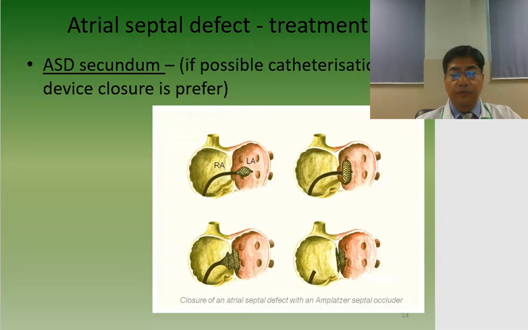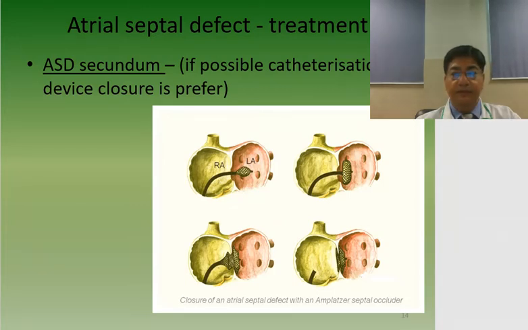So regarding the atrial septal defect, the clinical signs are because of increased blood flow through the defect, especially the secundum defect. There will be a murmur of pulmonary blood flow.